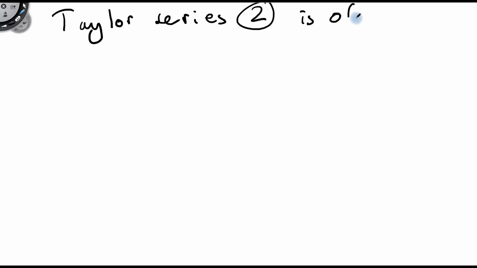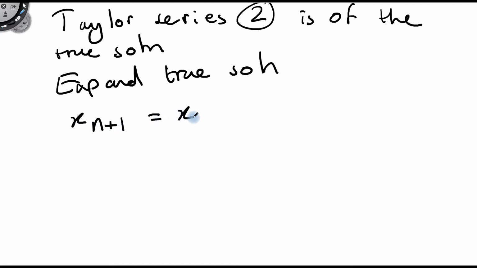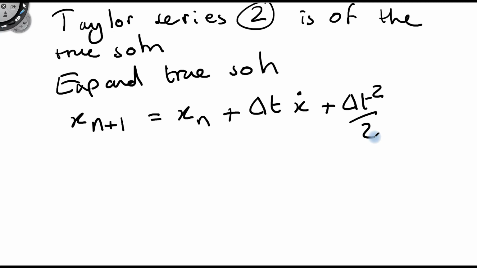is of the true solution, I call it. What do I mean by that? Well, if we expand the true solution using Taylor series just in time, we get this. x_{n+1} equals x_n plus delta t times x dot, which obviously is dx by dt, plus delta t squared on 2 x double dot plus order delta t cubed.